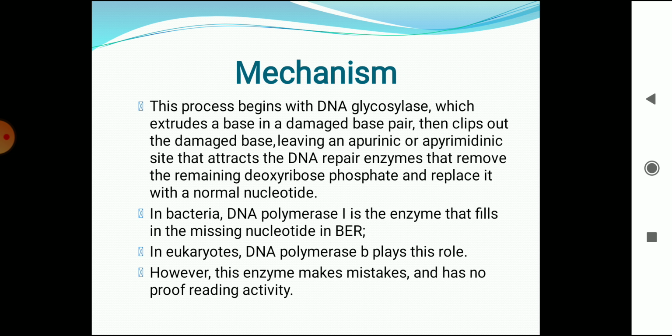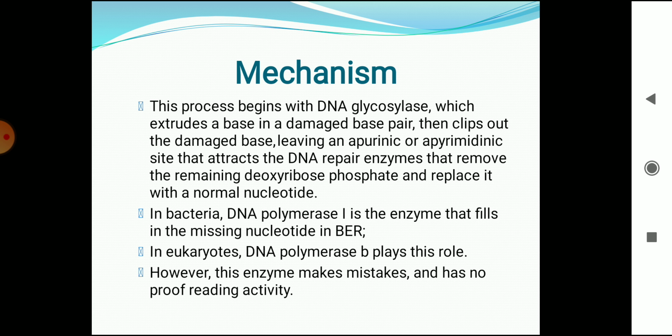This process begins with DNA glycosylase, which excises a base in a damaged base pair. Then it clips out the damaged base, leaving an apurinic or apyrimidinic site that attracts the DNA repair enzyme that removes the remaining deoxyribose phosphate and replaces it with a normal nucleotide.